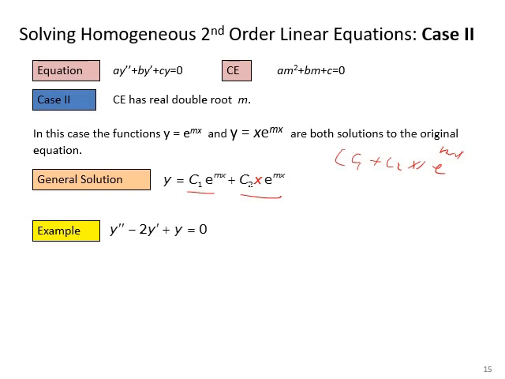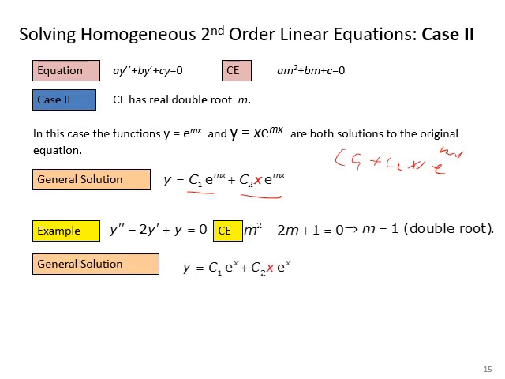Let's see this example: y double dash minus 2y dash plus y equals 0. I wrote the characteristic or auxiliary equation, m square minus 2m plus 1 equals 0. I solve it, I got equal real roots. So I will write the answer according to the formula which I know already.